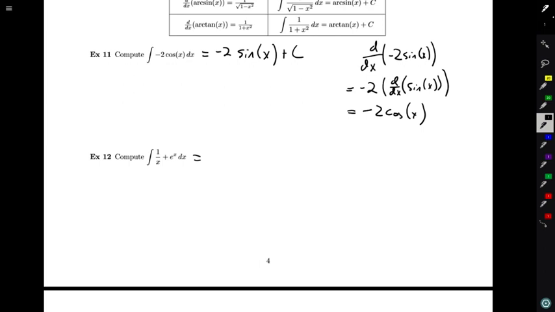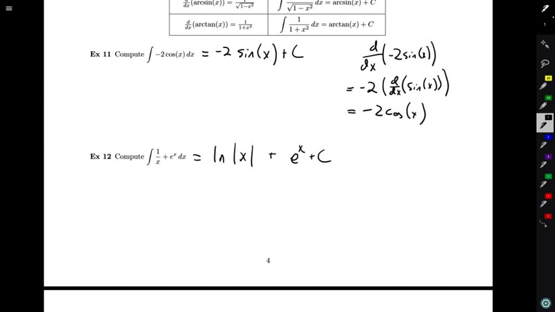So the antiderivative of 1 over x we know to be natural log of the absolute value of x. The antiderivative of e to the x we know to be e to the x again. And if I want to come up with a combination of these functions whose derivative is 1 over x plus e to the x, it's probably pretty reasonable to add them, and then add c.